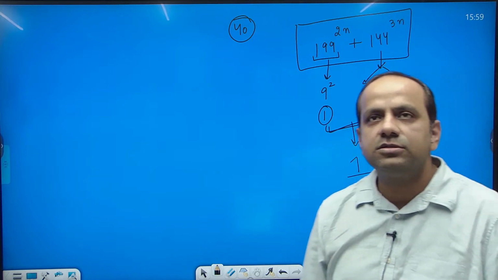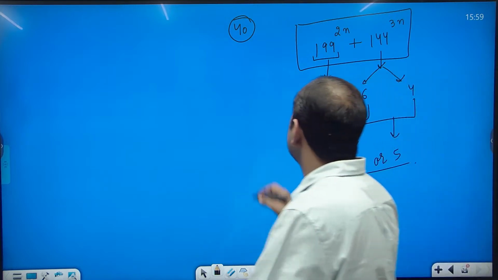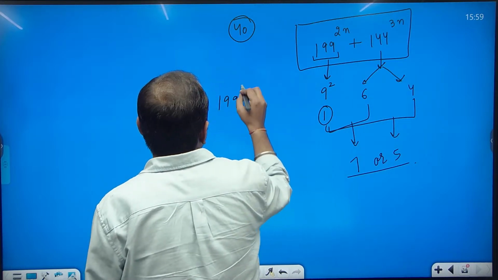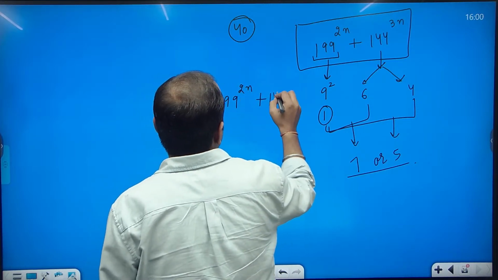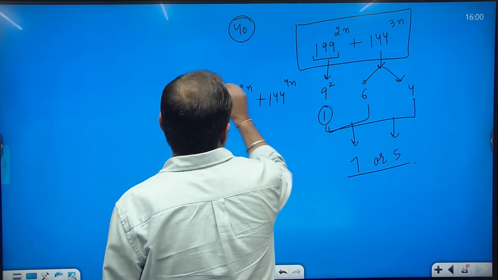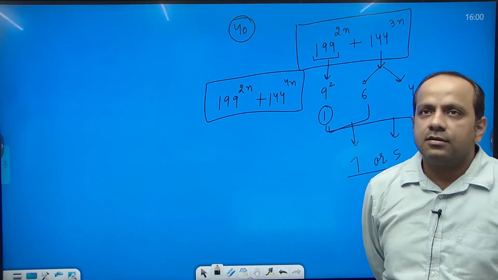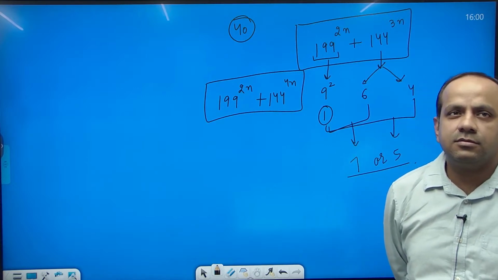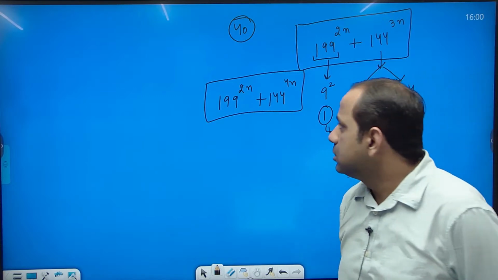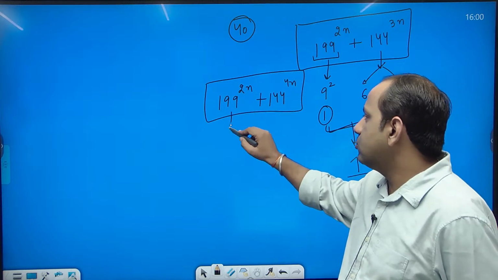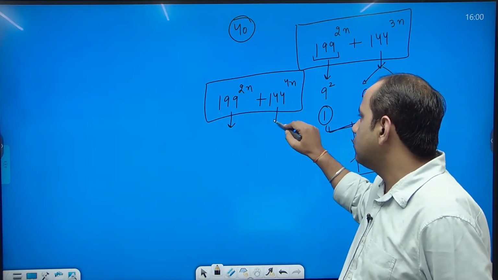Any doubt in this? Like if the question is like this, if I say 199 to the power 2n plus 144 to the power 4n, now what will be the unit digit? Tell me. 199 to the power 2n, 144 to the power 4n.